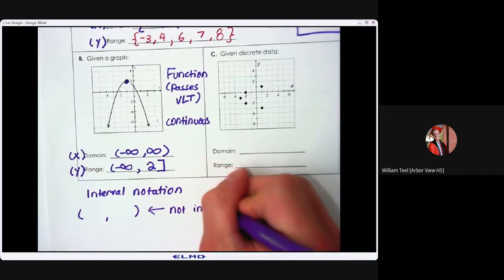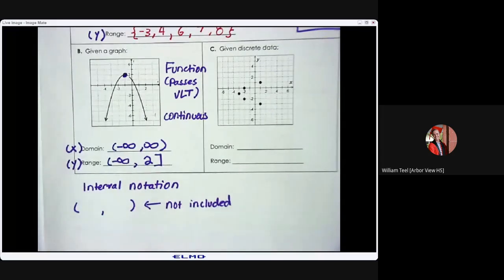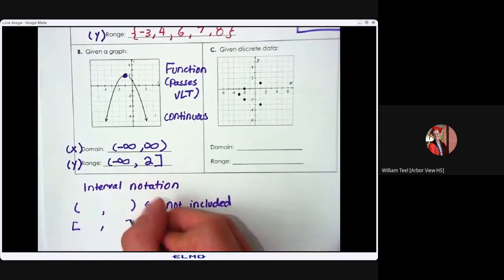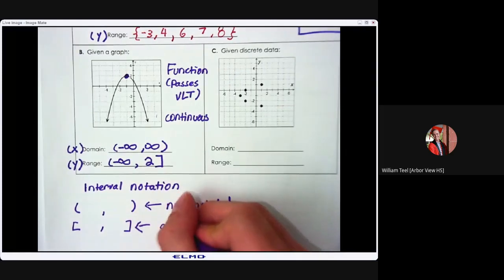If you think back to when we were talking about inequalities, if we didn't have the equal sign underneath the inequality, that meant that the value was not included. Kind of the same concept here. If we have a parenthesis, that means that value is not included in our domain or our range. If we have brackets, on the other hand, this tells us that both of the values next to the brackets are included.